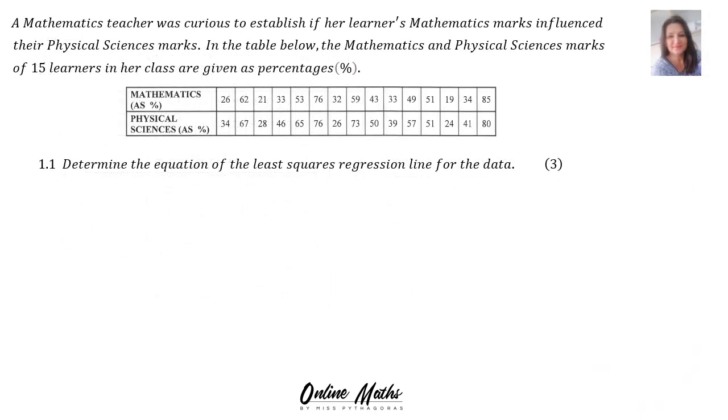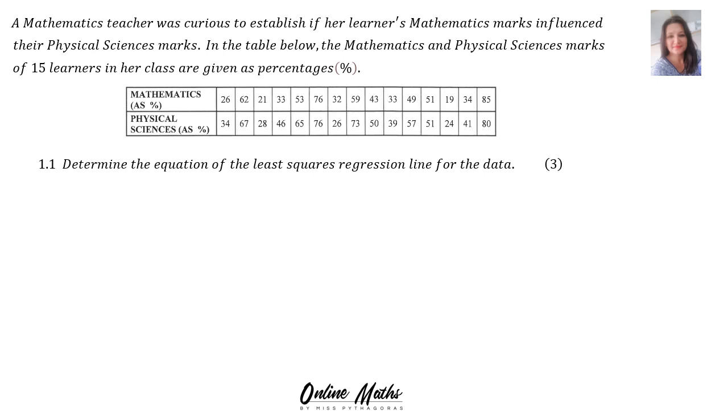A mathematics teacher was curious to establish if her learners' mathematics marks influenced their physical sciences marks. In the table below, the mathematics and physical sciences marks of 15 learners in her class are given as a percentage.